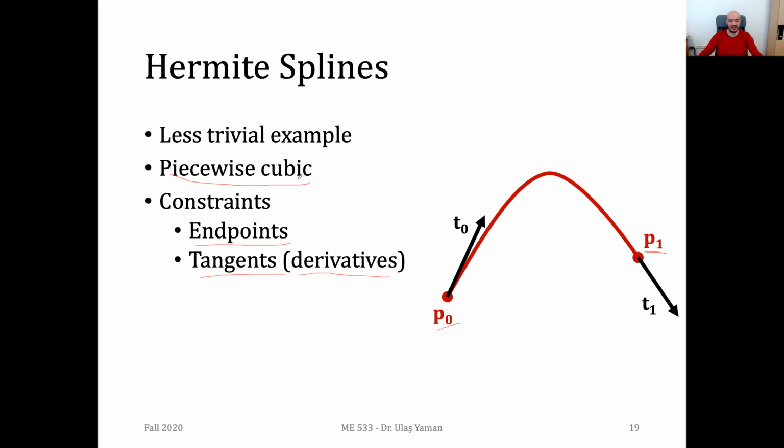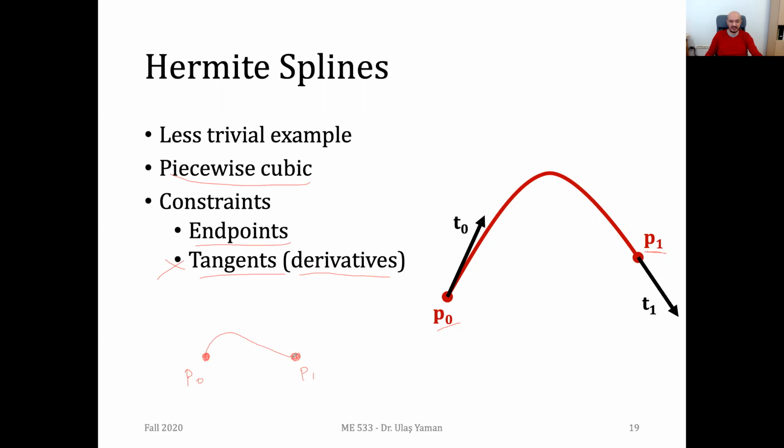So what do you think? Can we draw just a single spline between these two points, or many of them? Assume that this is P0 and P1. What happens if we don't have the tangents?